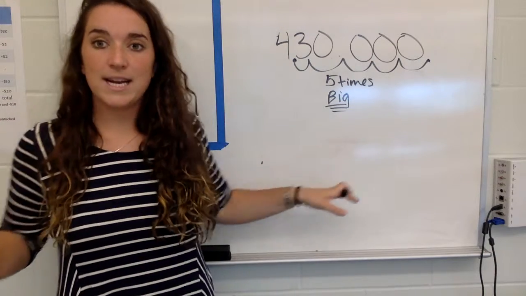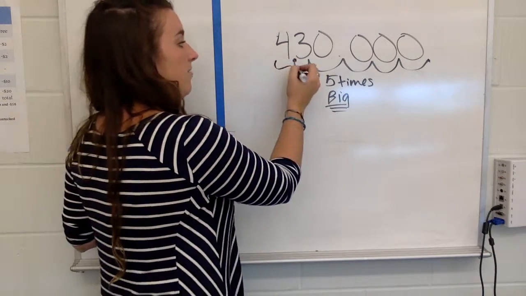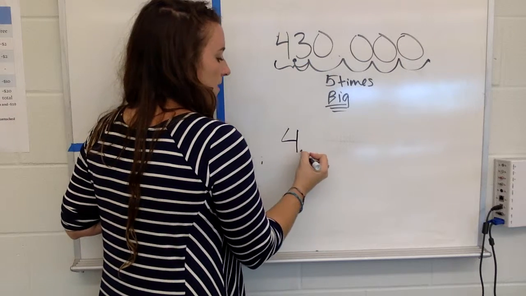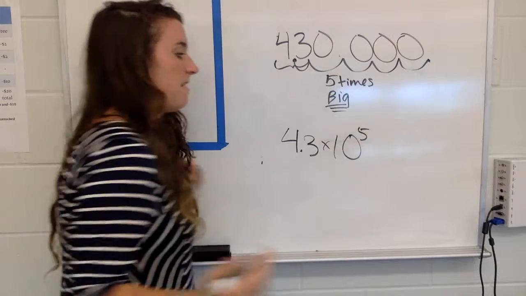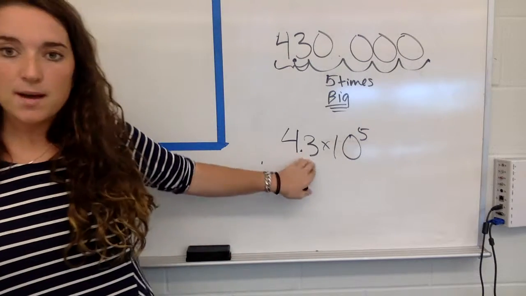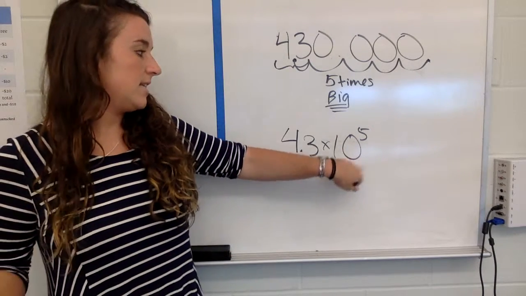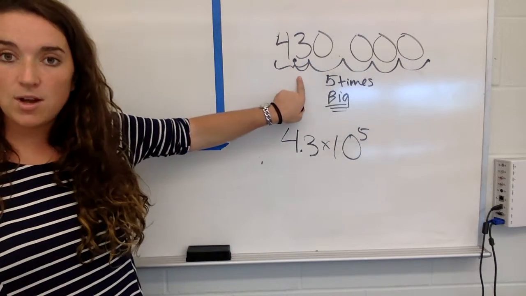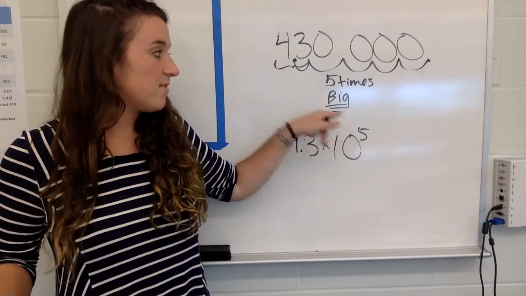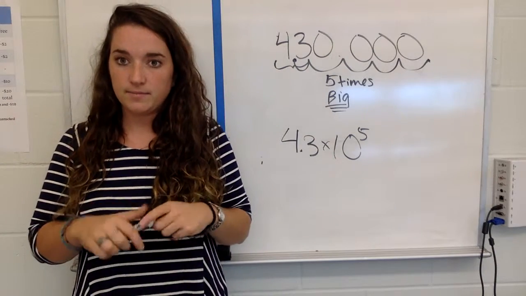So now if I write it in scientific notation, it'll be my front number, 4.3, times 10 to the 5th power. Because we have our front number between 1 and 9, our 10, and then the 5 tells us how many times we move the decimal, and the 5 is positive because the number is big.